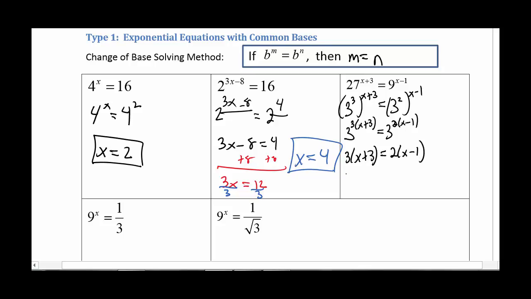If I distribute, I get 3x plus 9 equals 2x minus 2. Let's subtract off a 2x, and let's subtract off a 9. That gives us x equals negative 11.